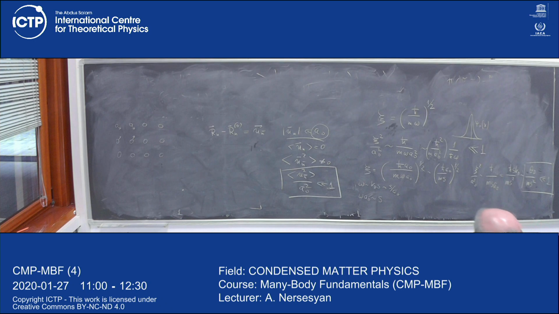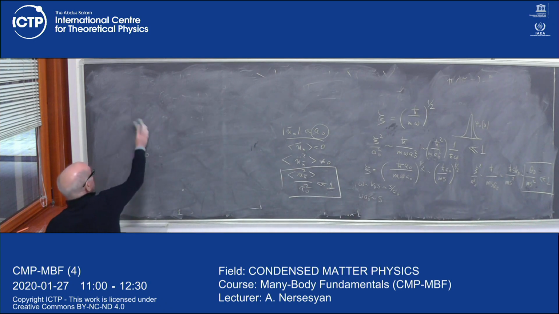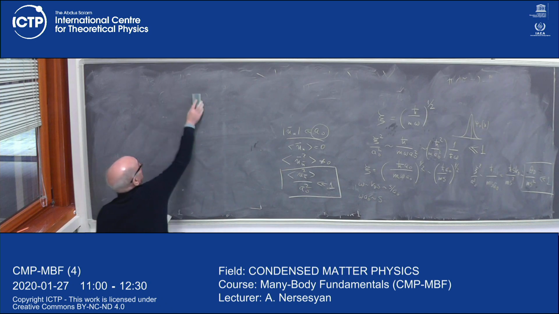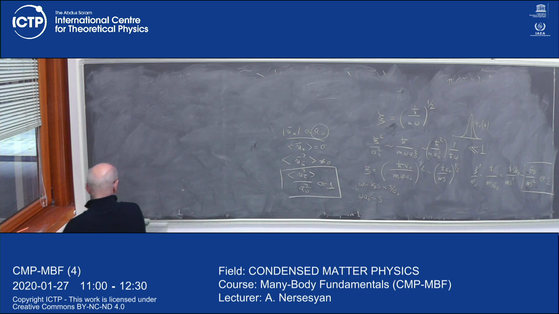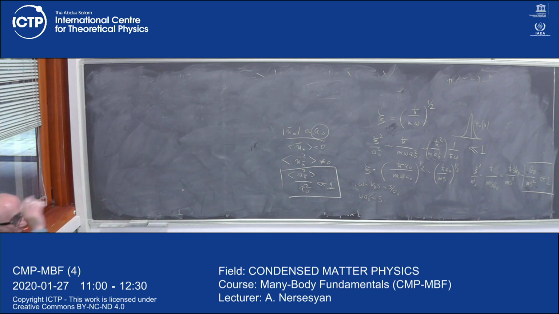Now again, I will not follow the precise definition of the lattice displacement because it contains lots of unpleasant things, even though they are quite necessary. There's nothing dangerous in all this.